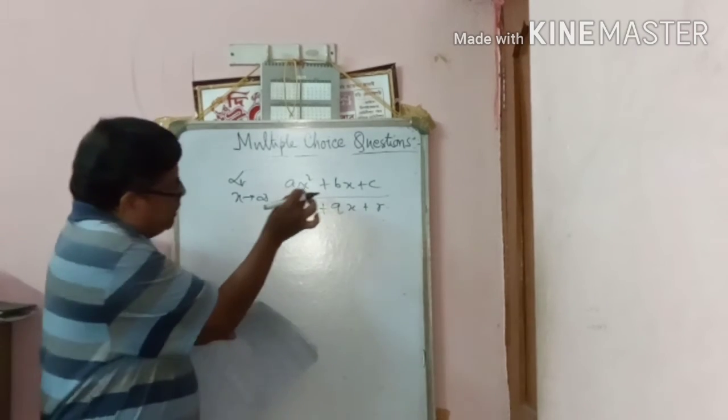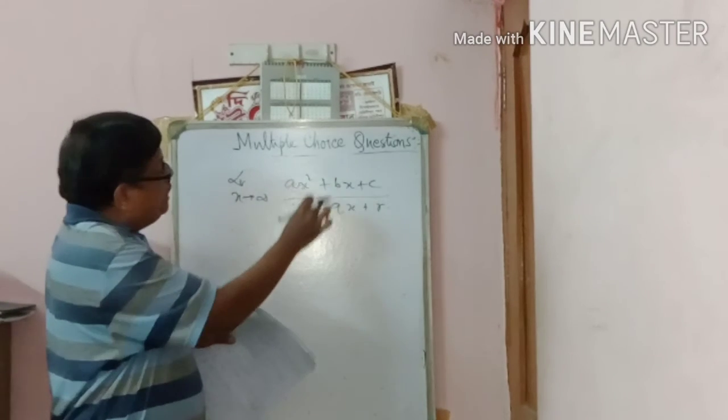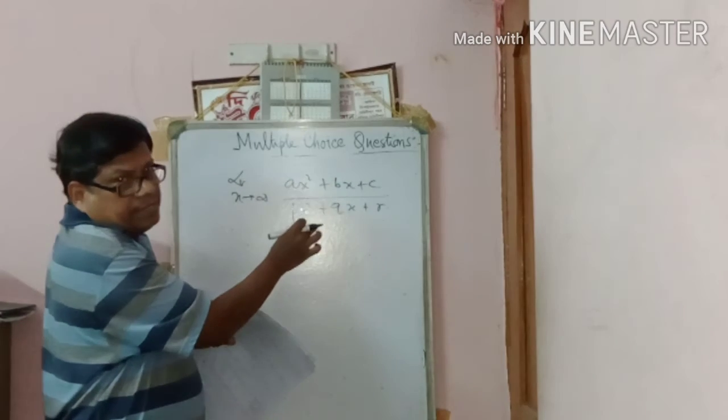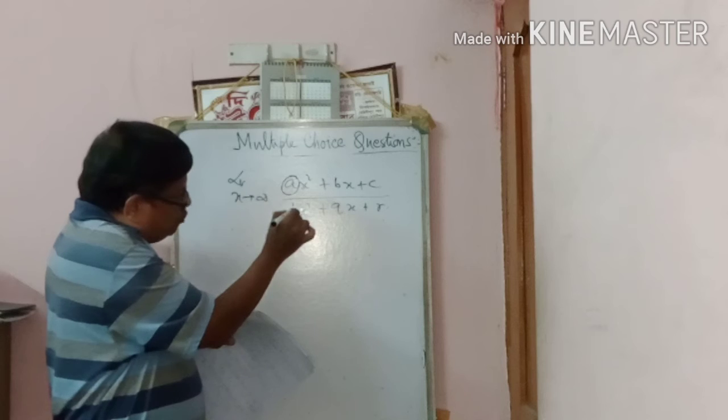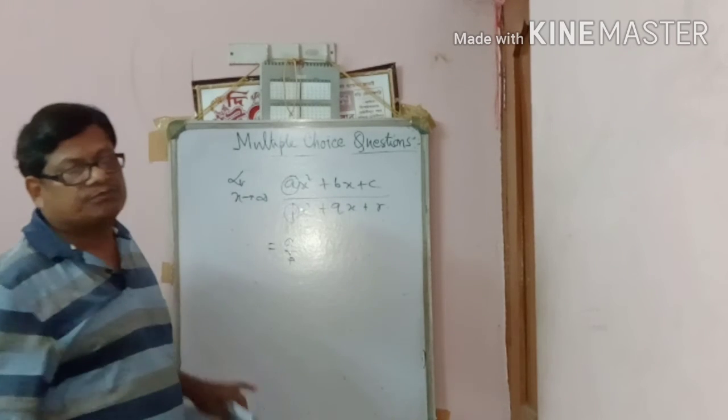The power of x square is here, and here also 2, equal power. Its coefficient a, its coefficient p, so the answer is direct a by p.